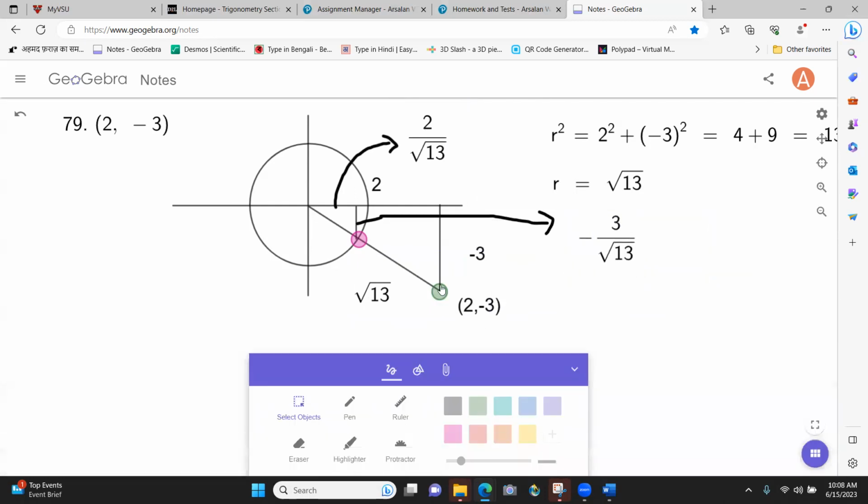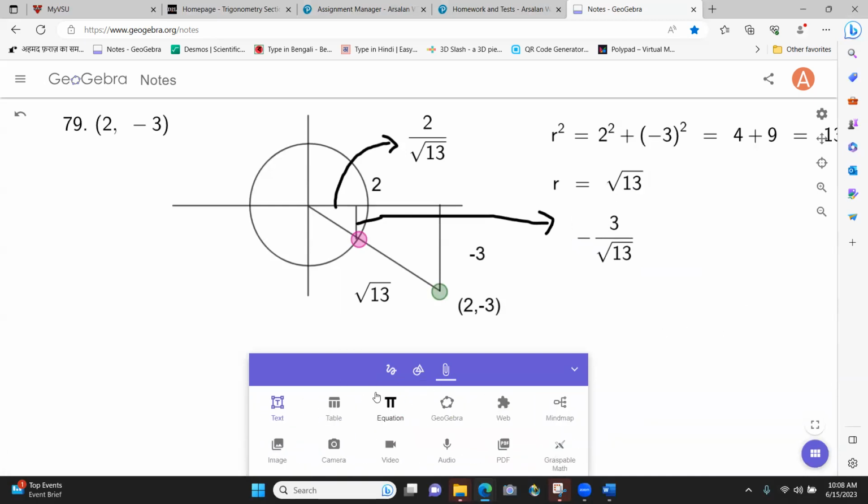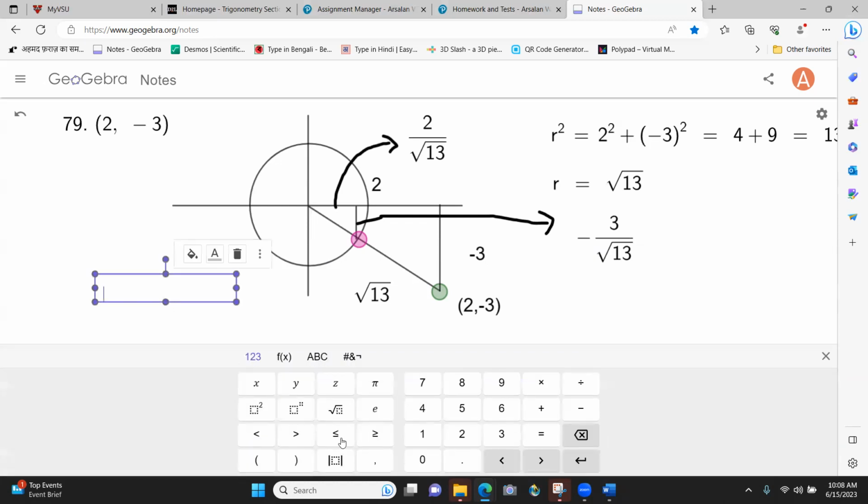Now, I have the coordinates of the pink point. The x coordinate is this guy, and the y coordinate is this guy. Let's write it down. What difference does it make? When you're taking the exam, you don't have to write it down, but I will because I'm trying to explain things.